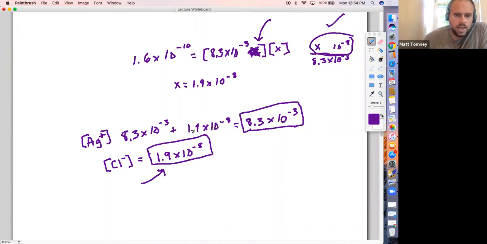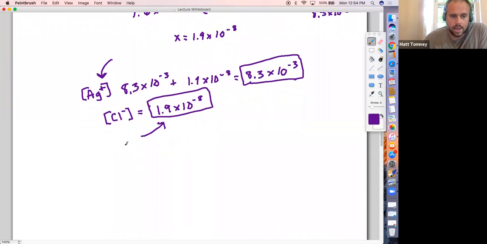And that's because this value right here, the silver, is not representative of the silver chloride alone. It represents the silver for the silver chloride and the silver nitrate. So it would not be appropriate to use this in calculating the solubility of the silver chloride in solution. Okay, but the chloride ion comes directly from the silver chloride. So therefore, it is an accurate representation of the concentration of the silver chloride.